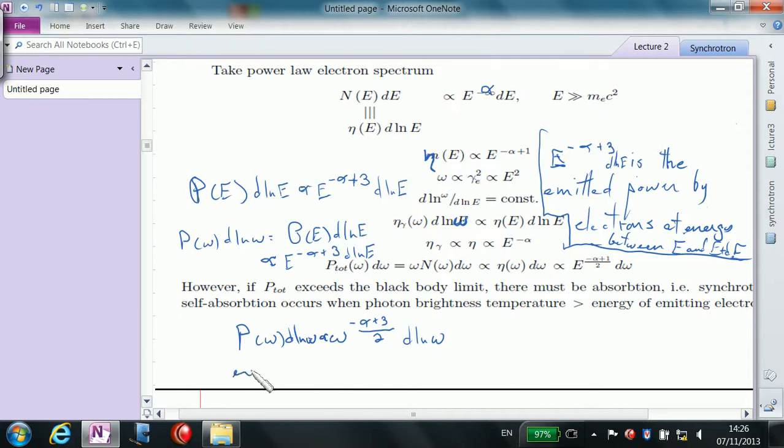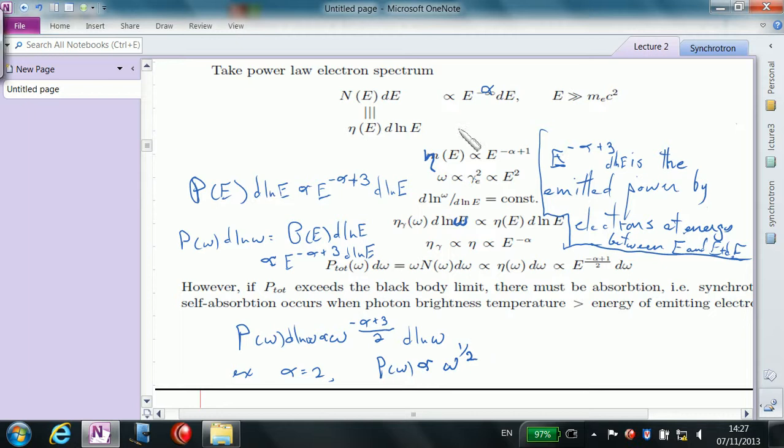So, for example, if alpha is equal to 2, then P of omega is proportional to omega to the 1/2, which means at high energies you get more energy radiated. And that's assuming that the electrons don't lose their energy.